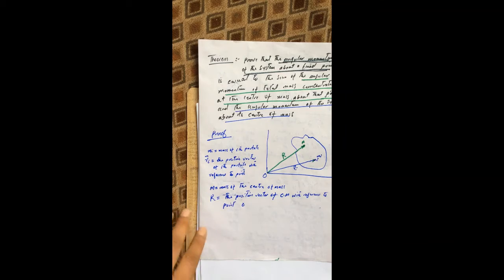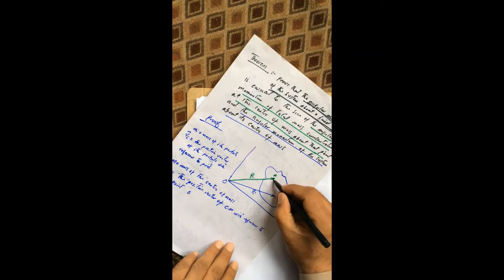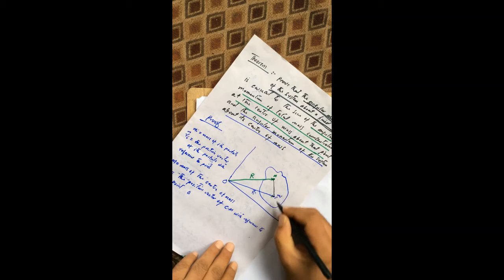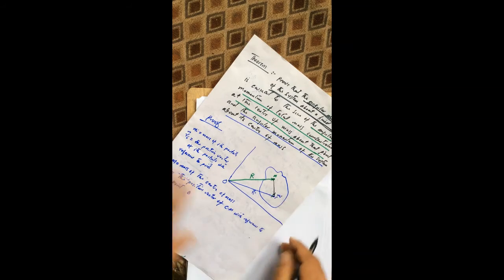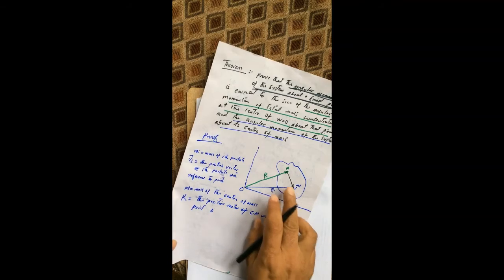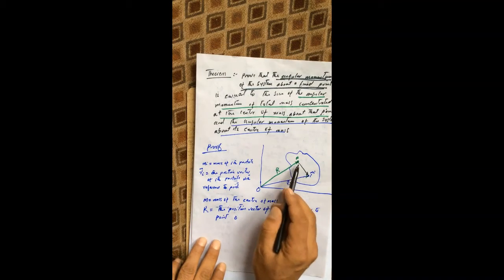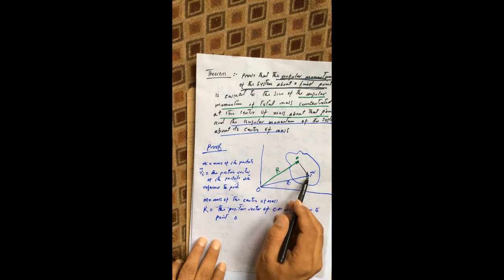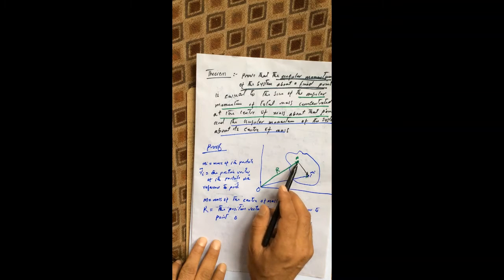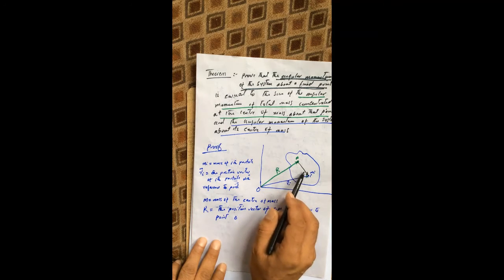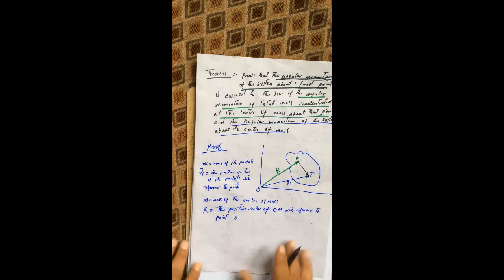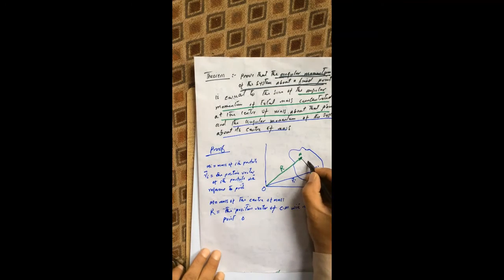Now here I will draw another position vector, this one. It starts from the center of mass and ends on the ith particle, so it is the position vector of the ith particle with reference to the center of mass, and I call it Ri prime.